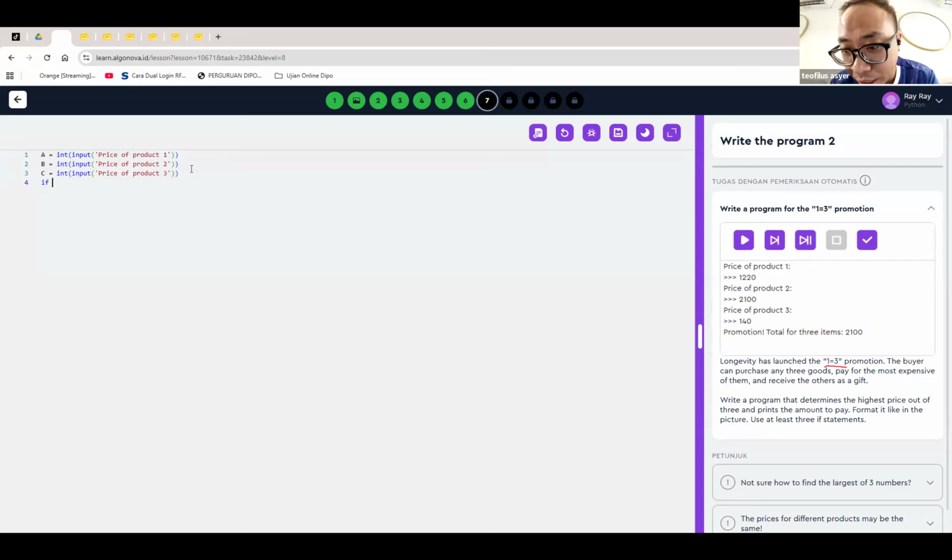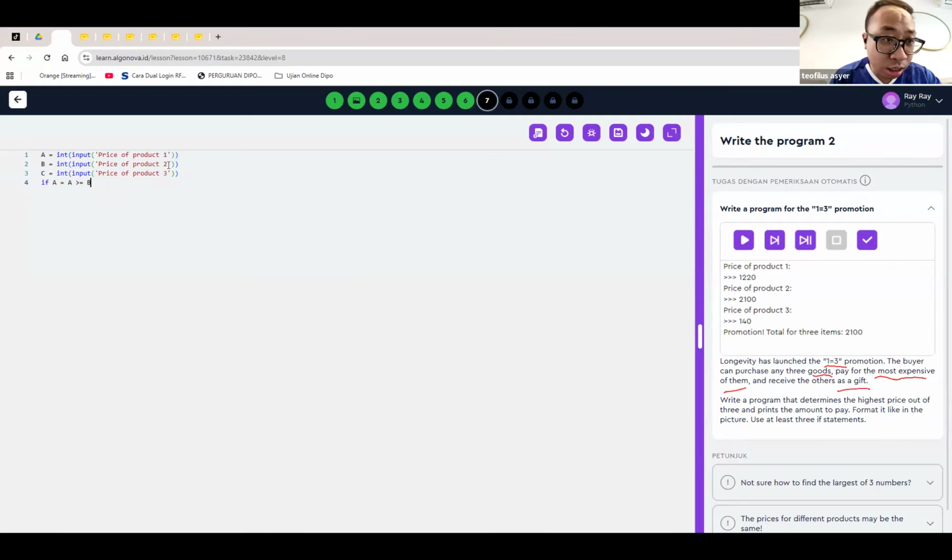The buyer can purchase any 3 goods and pay for the most expensive of them and receive the other two as a gift. So I just want to ask you, how many times do they pay? One time. And it's just the most expensive one, right? Yeah. And you receive the other products as a gift, right? Yeah.